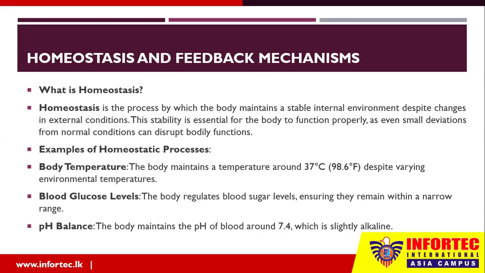It means whether our external environmental temperature rises or decreases, we are trying to maintain our body temperature within this range, 36.5 to 37.5, around 37 degrees Celsius, right? So what homeostatic actions happen here in order to maintain this temperature?